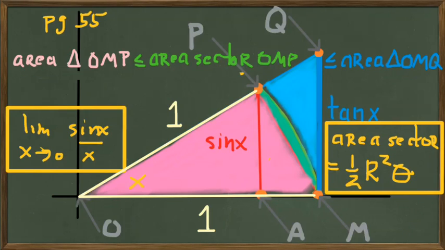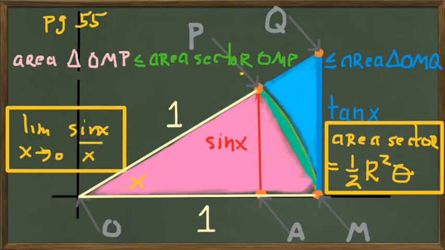The area of a sector is 1/2 the radius squared times the angle. In our case, the radius is 1, and the angle we're labeling as x.